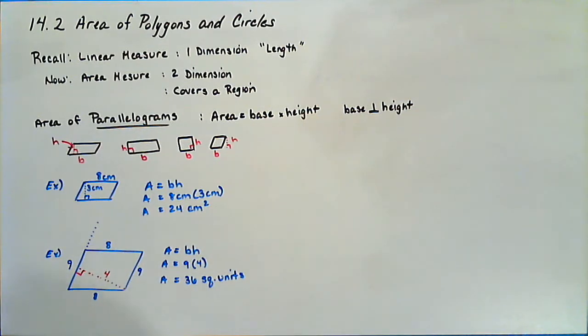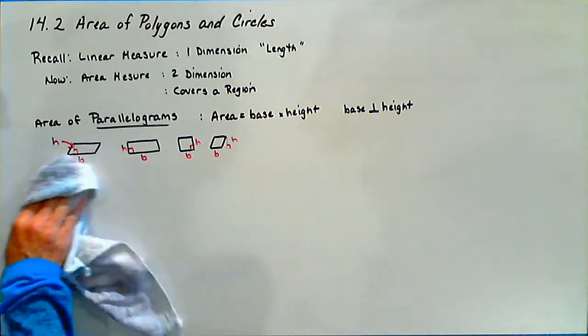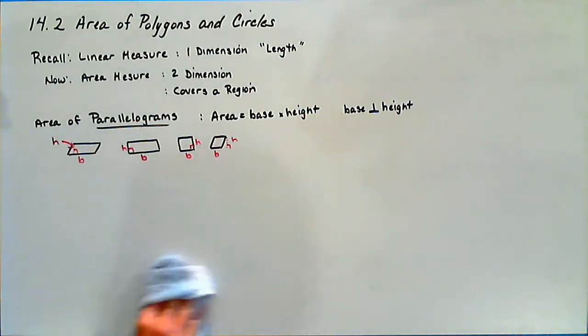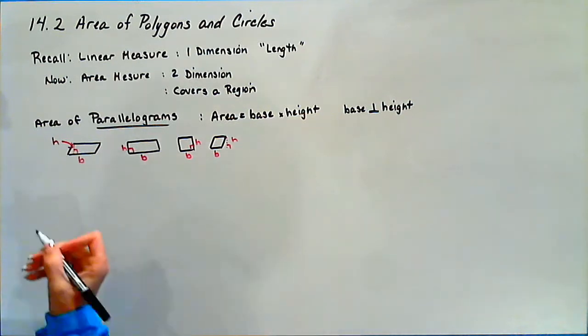So the next shapes we're going to take a look at are 2 other polygons, the kite and the trapezoid. All right, so we have the parallelogram. Let's take a look at the area of a kite.